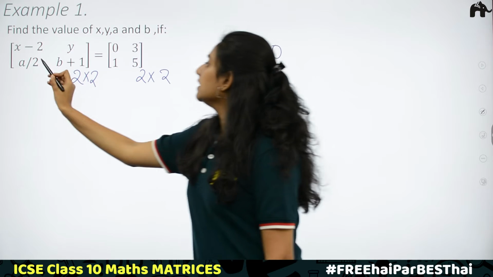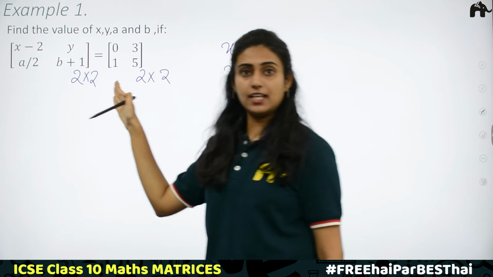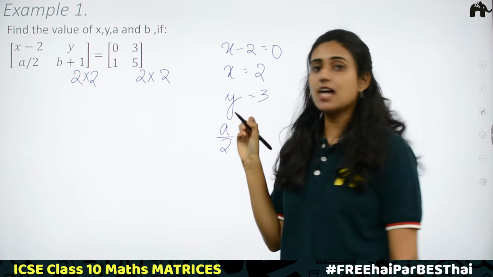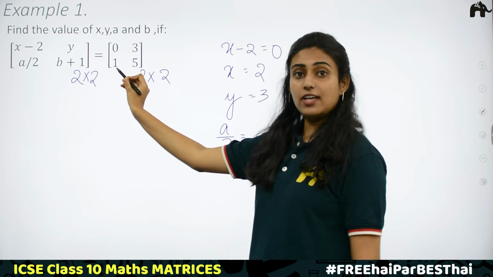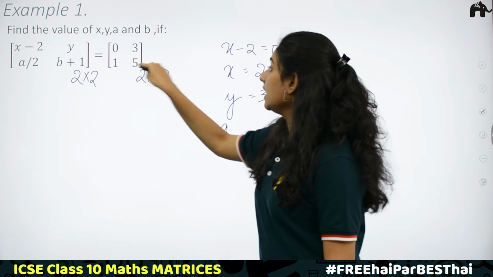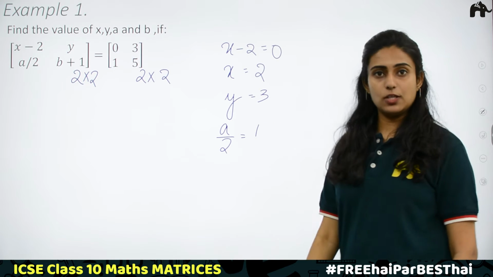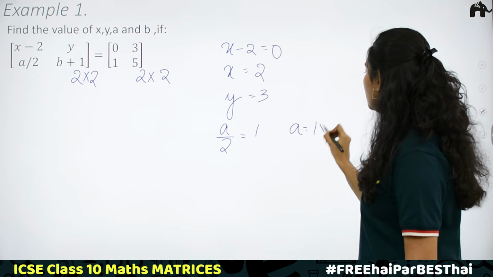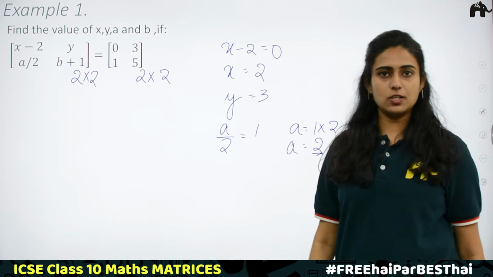Next, the third element, belonging to the first column and the second row. Here it is a by 2. Since these two matrices are equal, a by 2 should be equal to 1, which is in the second row and the first column. If a by 2 is equal to 1, then a is equal to 1 into 2, so a is equal to 2.